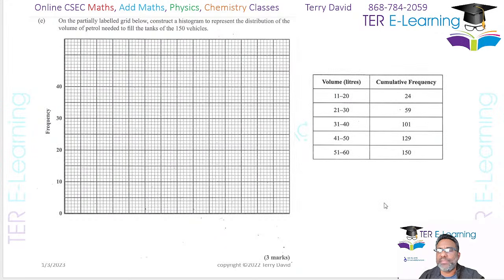Before I can even draw this, I need to actually work out what my frequency is. I need to know the frequency before I can do anything.